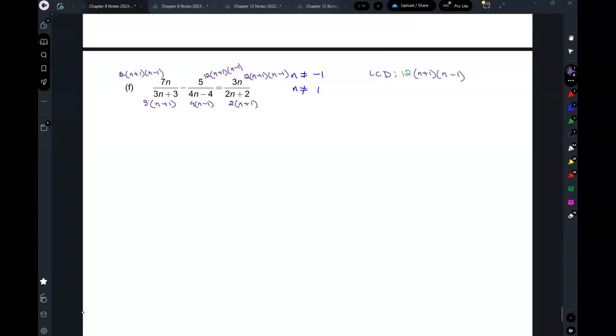Now here we're going to go slowly, okay? Again, don't get cancel happy. So the 12 and the 3 gives me a 4. So I have 4 times n plus 1 times n minus 1 times 7n.